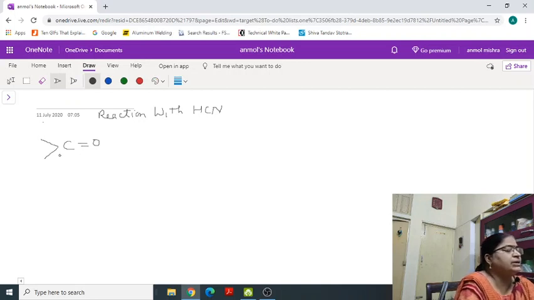Now this reaction collectively we can write for aldehyde and ketone. If it is aldehyde, we write alkyl group and hydrogen, and if it is ketone, both are alkyl groups.